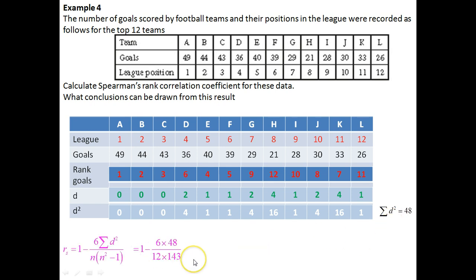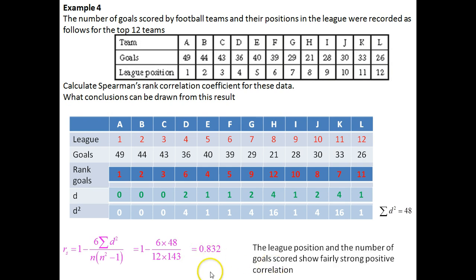Spearman's rank correlation coefficient: 1 minus 6 times 48 divided by 12 times (12 squared minus 1), which is 143, and that works out to be 0.832. The league position and the number of goals scored show a fairly strong positive correlation.